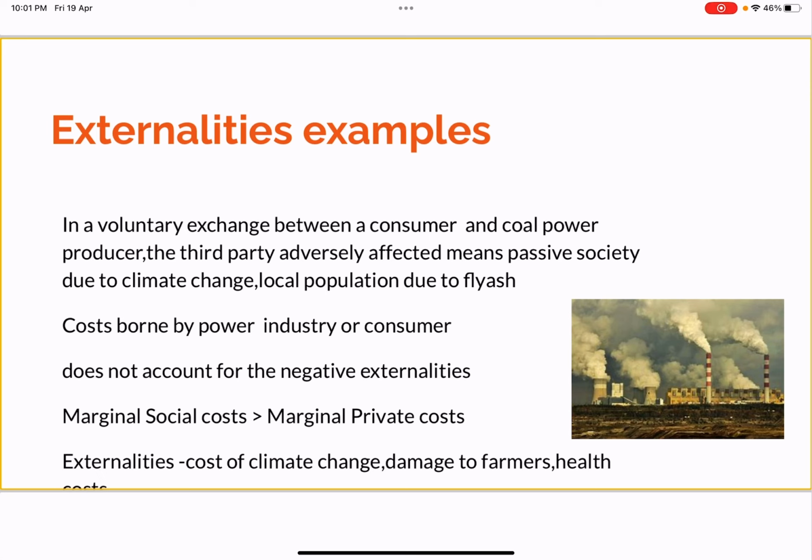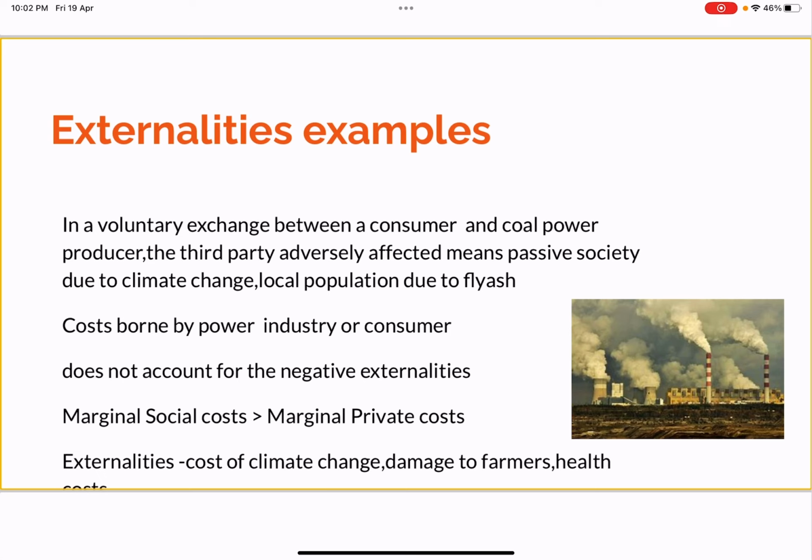So, that polluting environment of the power plant is adversely affecting the health of the people around it, maybe the fields of the farmers which are sowing some crops over there, right? The residents who are living in their houses, all those could be affected. So that cost is not borne by the power industry, and neither is it borne by the consumers.